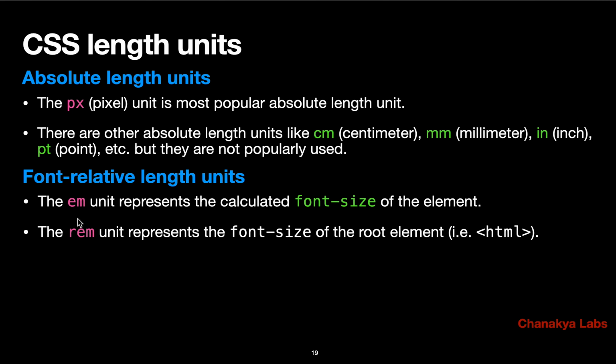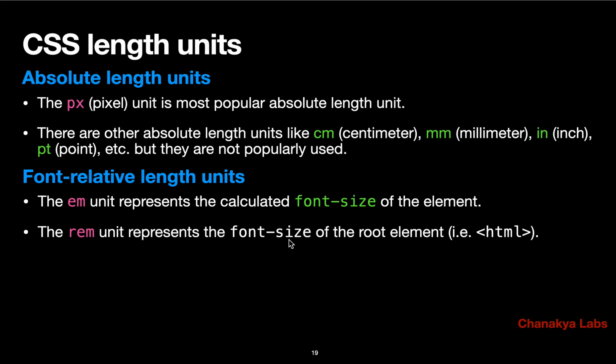In font relative, these two are there, rem and em, and now let me tell you the difference between them. Basically the em unit represents the calculated font size of the element, and the rem unit represents the font size of the root element.